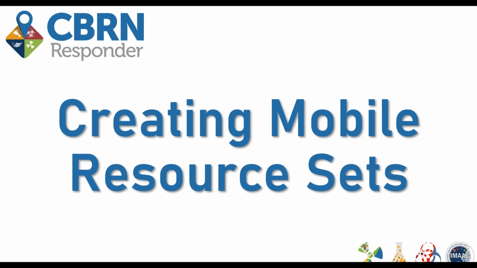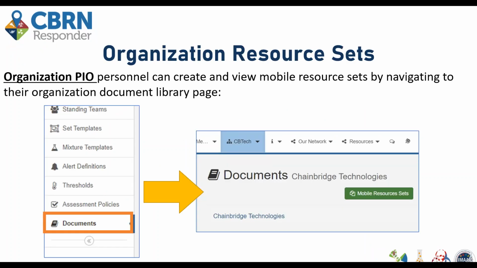Let's walk through how we create a mobile resource set. Organization PIO personnel can create and view mobile resource sets by navigating to their organization document library, as seen in the images below.